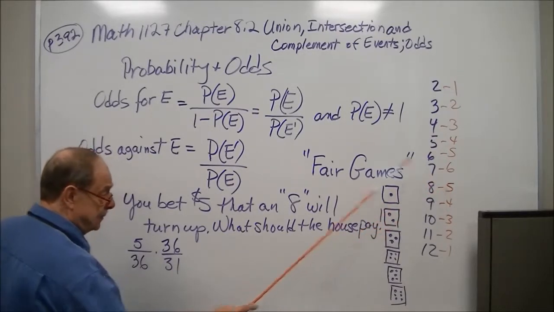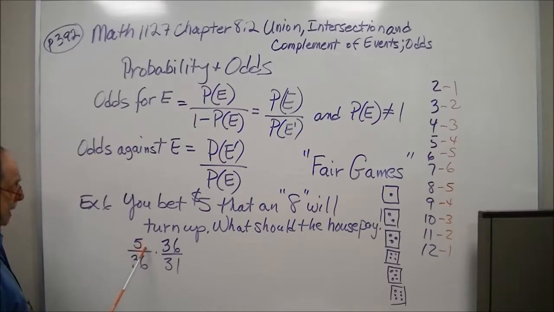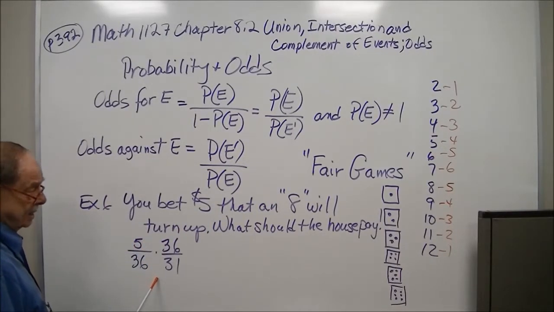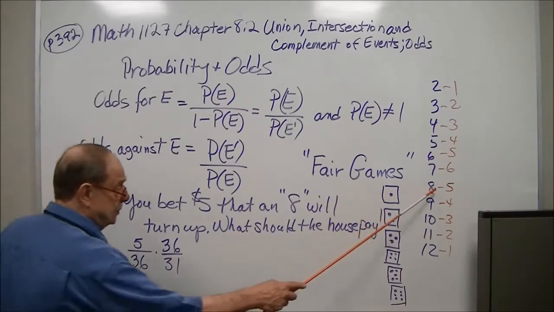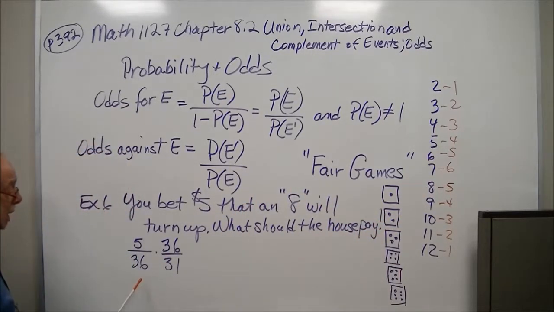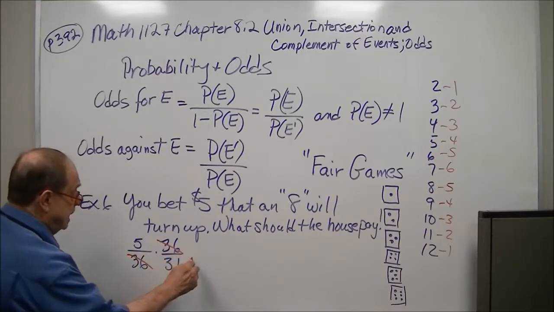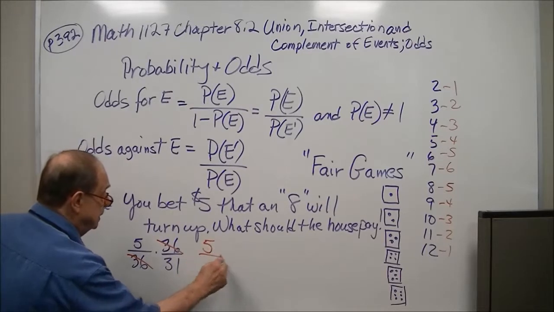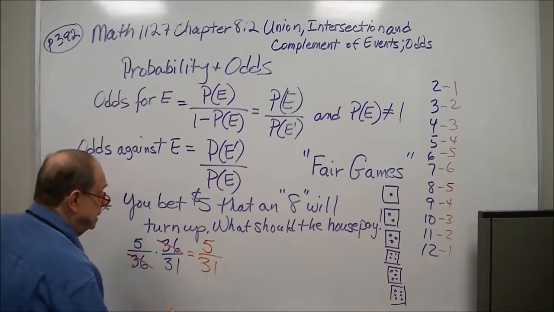It's 5 out of 36. And then this is divided by, subtract 5 from 36 and get 31 over 36. Change it to multiplication. Here the 36's cancel out, so the odds are 5 to 31.